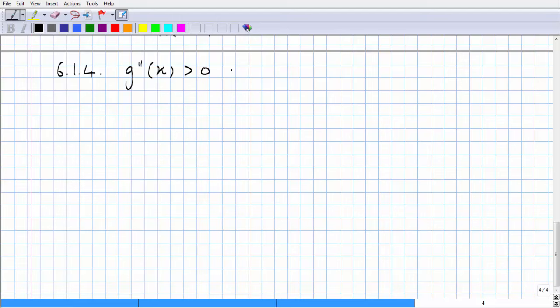Well, we don't even know what the first derivative is. We don't even know what g is. Well, let's just write g. G of x is equal to ax squared plus bx plus c. Now, without knowing what a is, what b is, and what c is, obviously we can solve for that. That's not a problem at all.